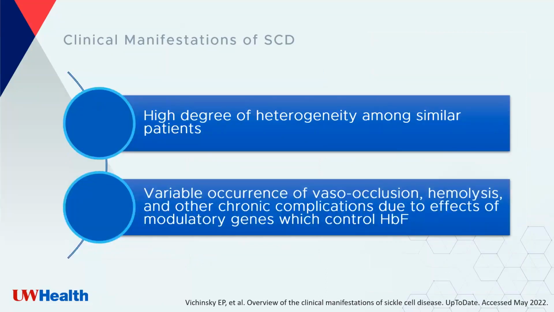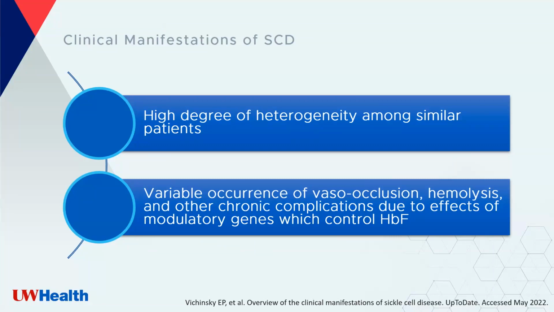Other clinical manifestations in sickle cell disease, generally there's a high degree of heterogeneity among similar patients. So sickle cell disease can look widely different amongst similar or seemingly similar patients.